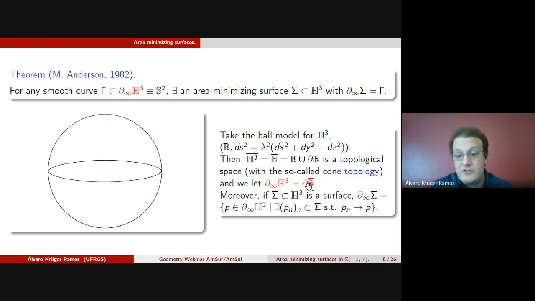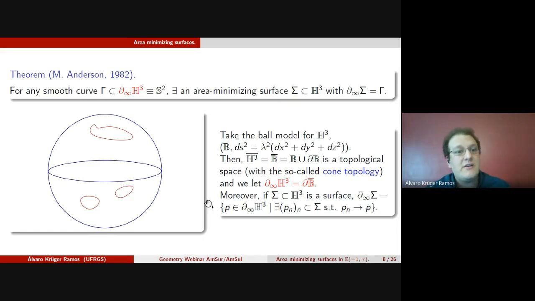Since you have topology, you have convergence, you can take limits. And if you have a surface in H3, or any subdomain for that matter, you can define the asymptotic boundary of sigma as the limit points at infinity. So there is a sequence in the finite part of sigma that converges to a point on the boundary of this ball. The figure is exactly this one. Here the asymptotic boundary of H3 is the boundary of this ball. And the theorem of Anderson says that you have a curve, which can have more than one component, but every component is a simple closed curve and smooth.